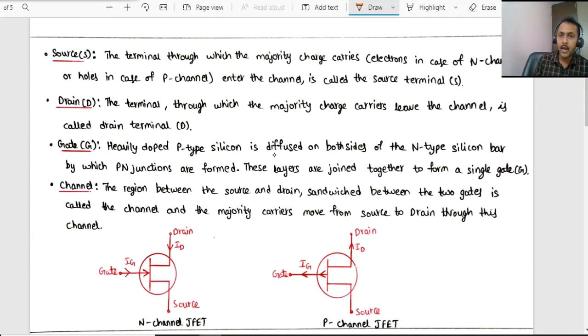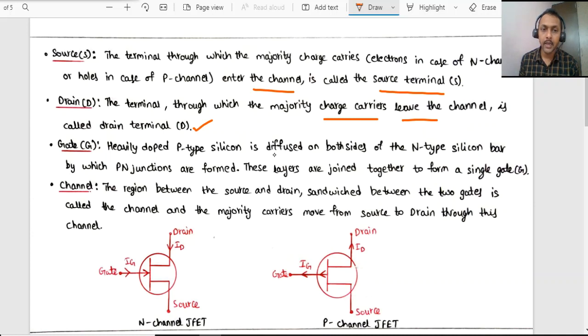That is the terminal through which the majority charge carriers enter the channel. The terminal through which the majority charge carriers leave the channel is called the drain terminal.